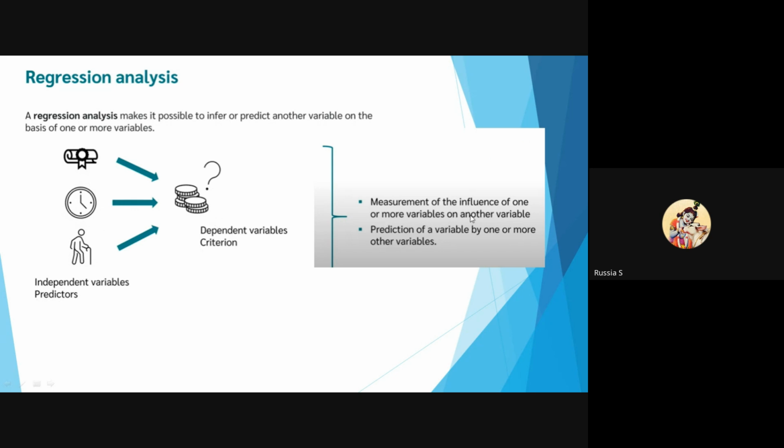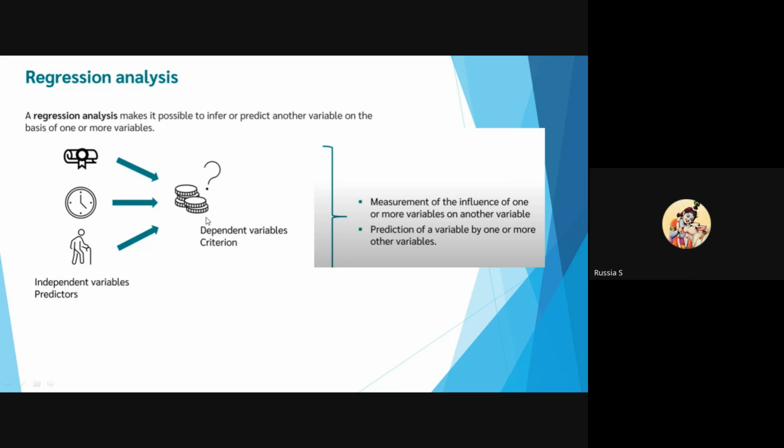So what we do here is measure the influence of one or more variables on another variable. These are the influences of one or more variables on the output variable.